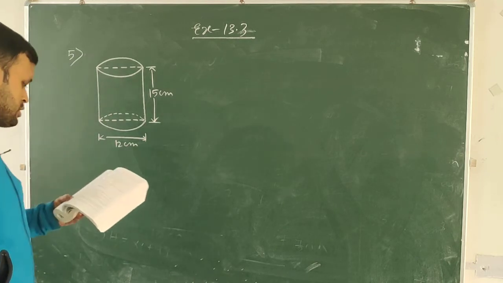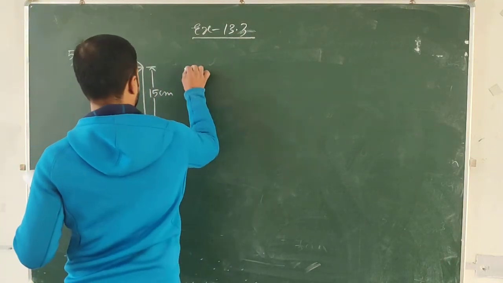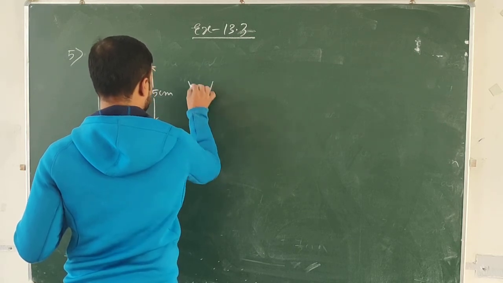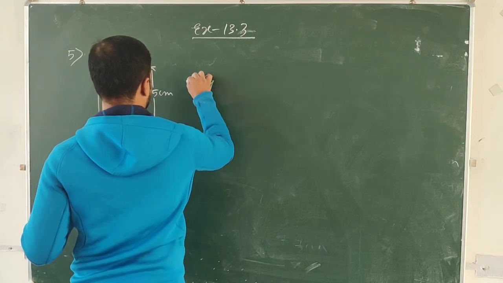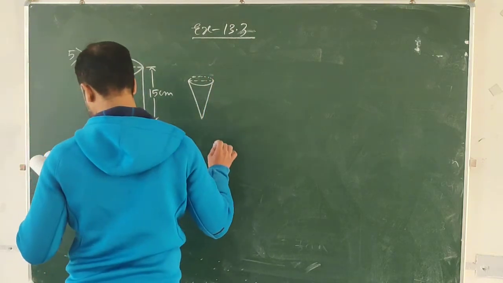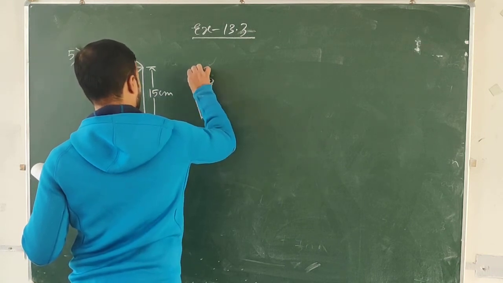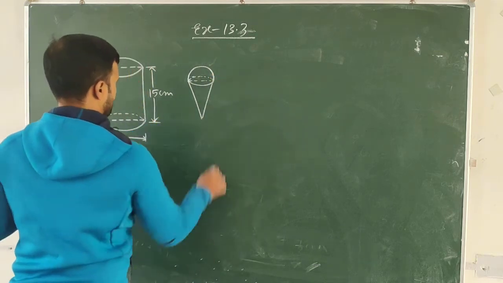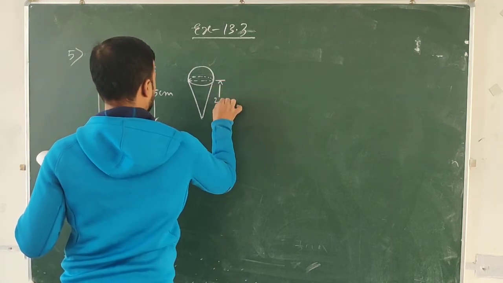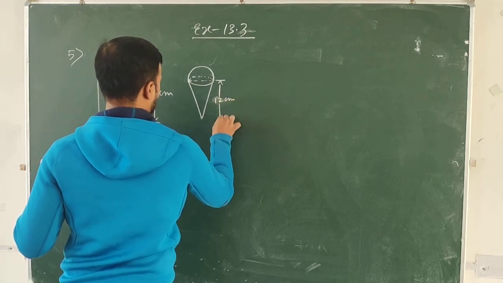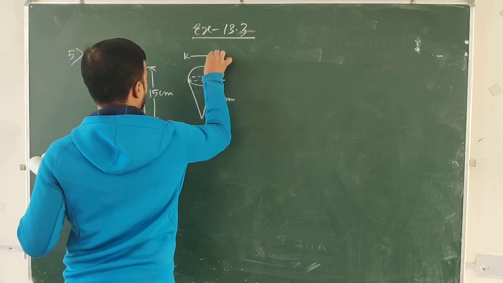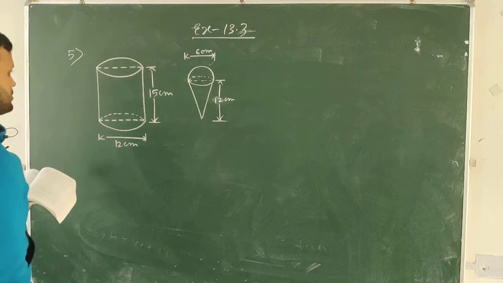And the ice cream is to be filled into cones of height 12 cm and diameter 6 cm.